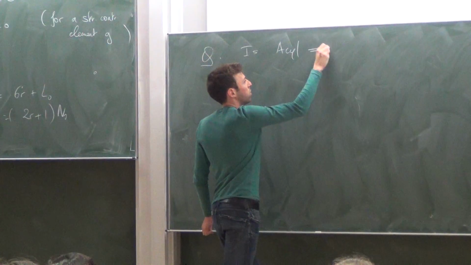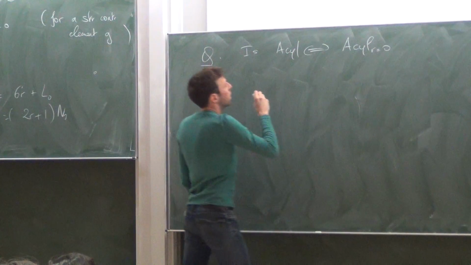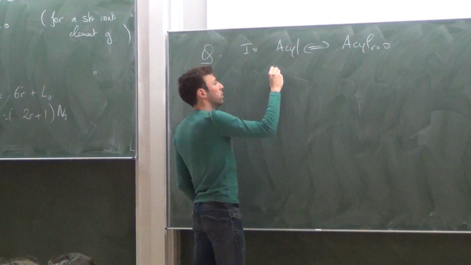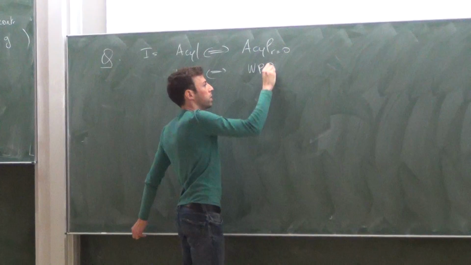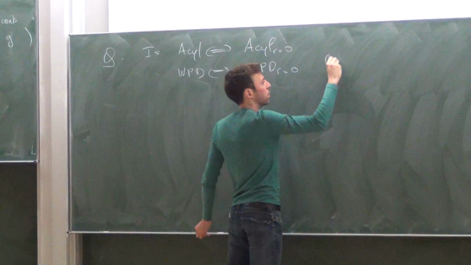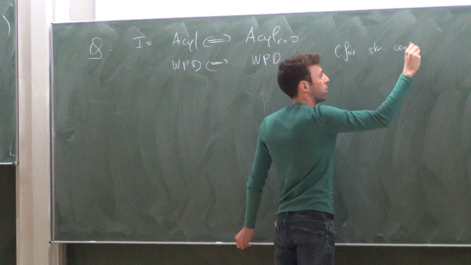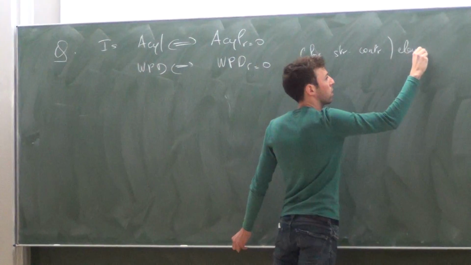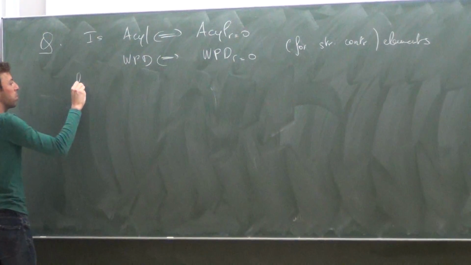Is the acylindricity equivalent to that weak form of acylindricity, and the WPD condition equivalent to WPD at r equals 0, for a strongly contracting element, for other types of spaces?